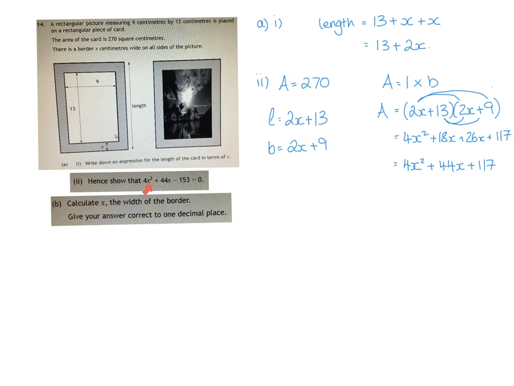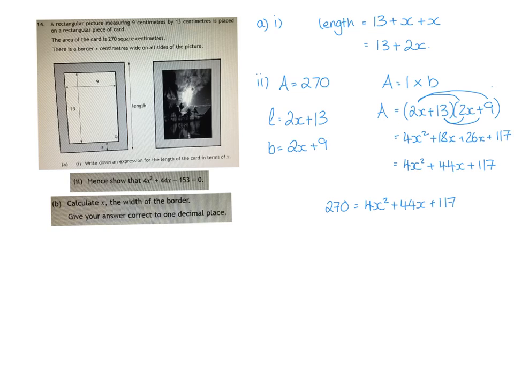So we've done that, and we've got some of the bits we need. We've got our 4x squared, we've got our 44x, we've not quite got 153. So we've got one term for our area here and another one there, so we can set them equal to each other. And if we set them equal to each other, we get 270 is equal to 4x squared plus 44x plus 117.